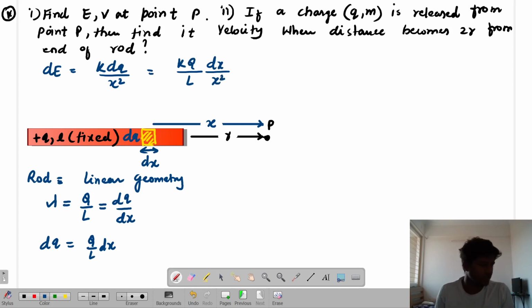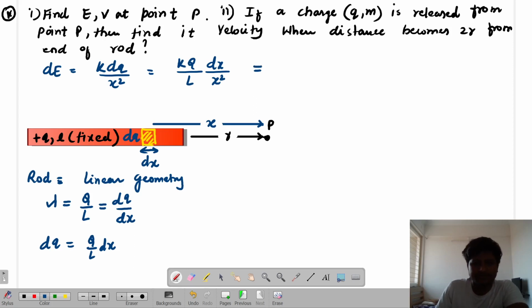That's my electric field, isn't it? But is lambda mentioned to us? No. When lambda is given to us, then we will consider lambda; otherwise, we will not. So this becomes simply kQ by L dx by x square. The next question we'll do based upon lambda only.